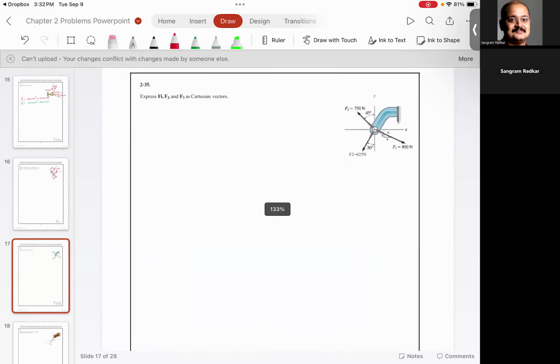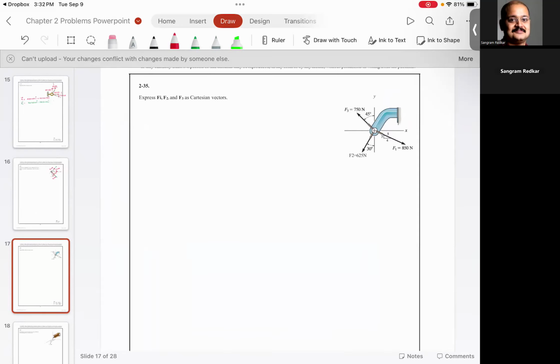This problem, how will you solve this problem? To solve this problem, you will have to add the unit vector in x and the unit vector in y. Now let's start with F3. F3 is equal to, can someone tell me what is F3?